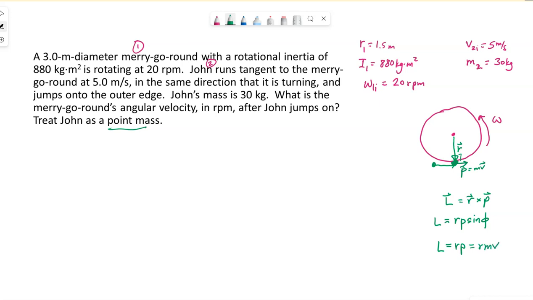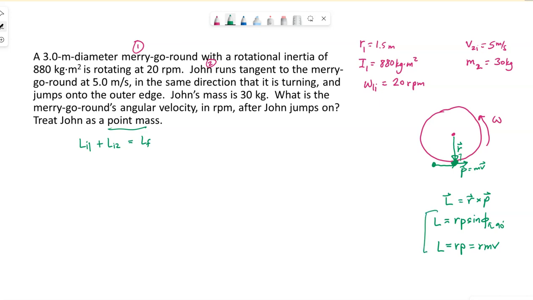So RMV. This angle phi is 90 degrees, sine of 90 is 1. So ultimately, we're saying both the merry-go-round and John have angular momentum initially. And that will still be angular momentum of the system as a whole finally.